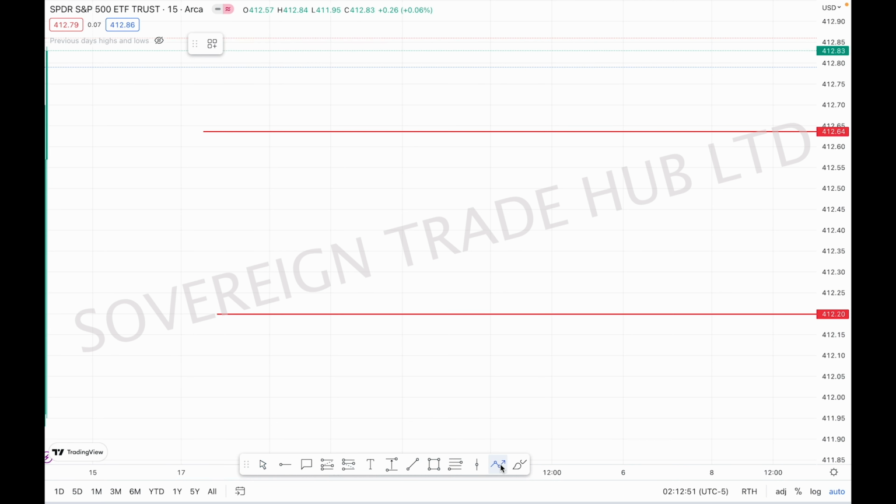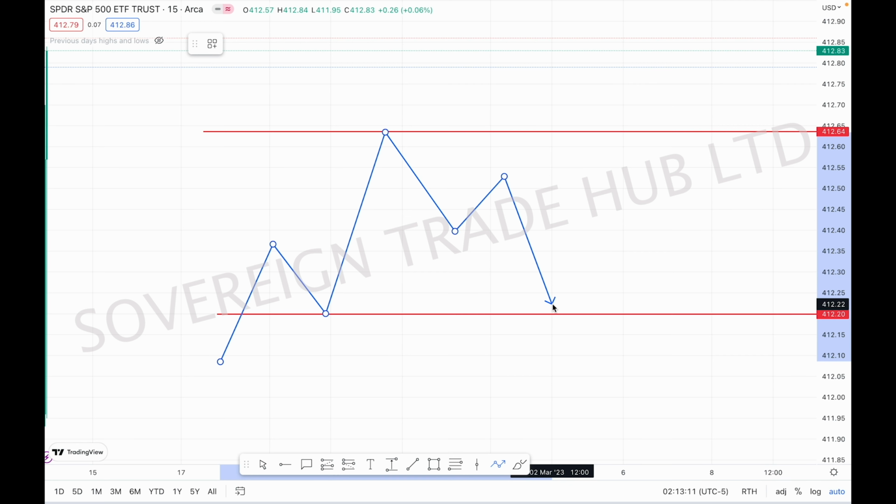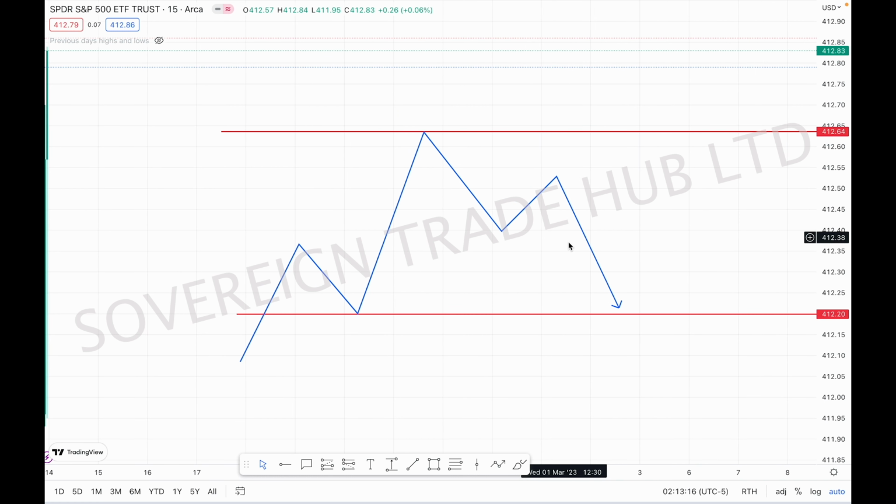The market came this way, retraced a bit, went up here, retraced a bit, went this way, came back this way, and now went this way.